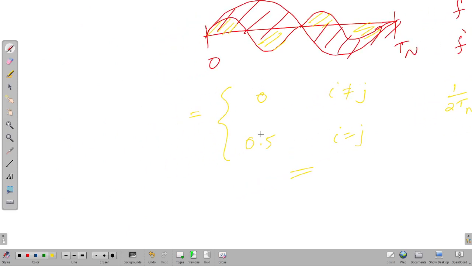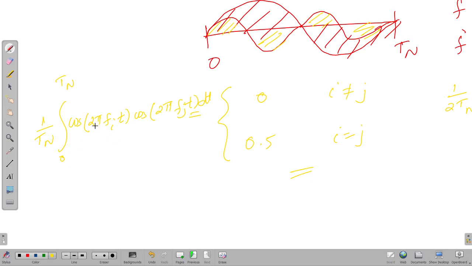This is a result of integrating two expressions, two subcarriers, cos 2 pi fit and cos 2 pi fjt dt from the interval 0 to Tn, 1 by Tn.